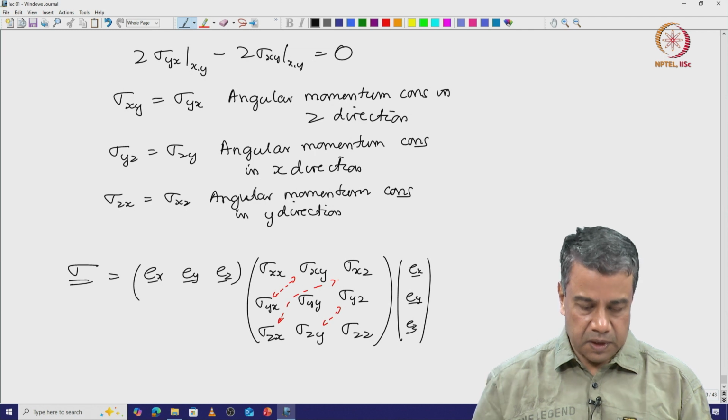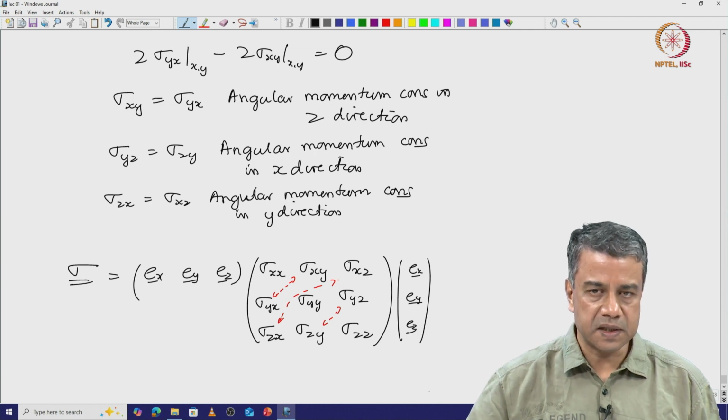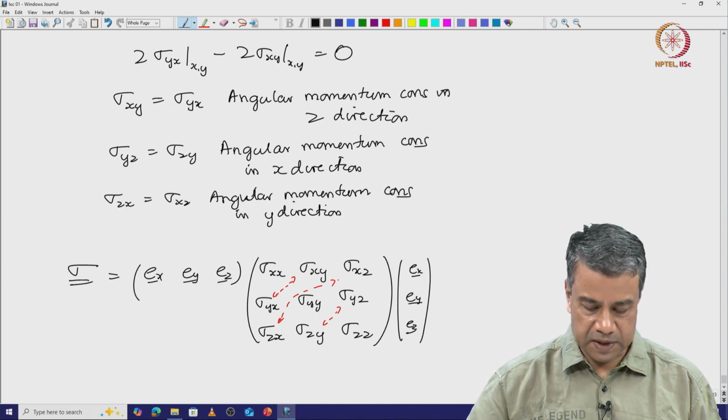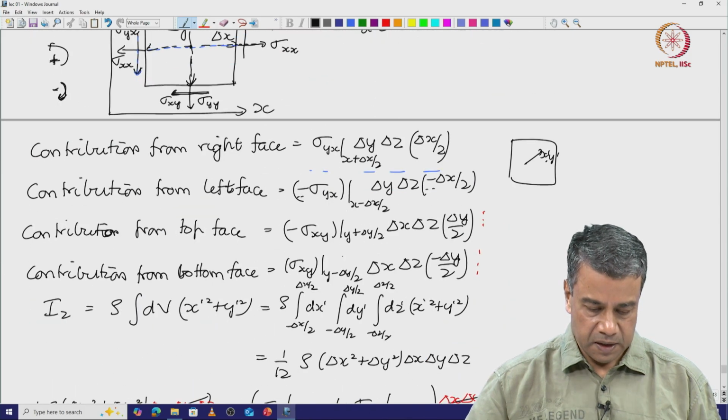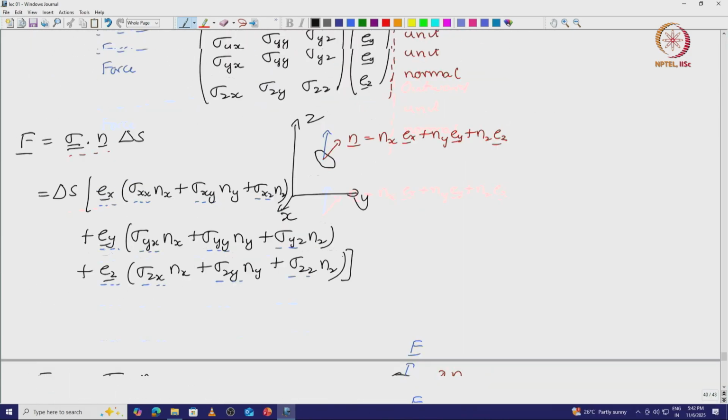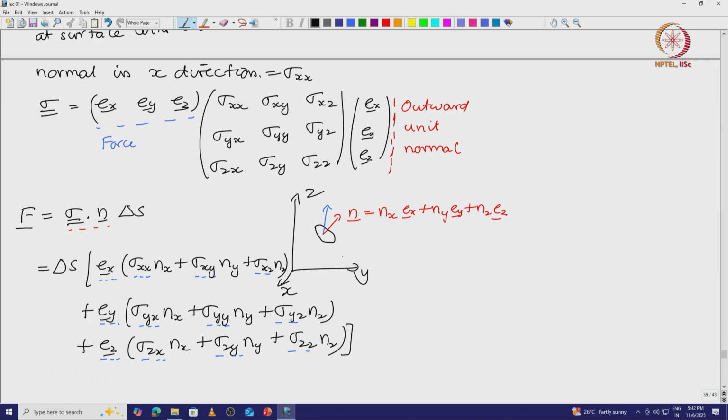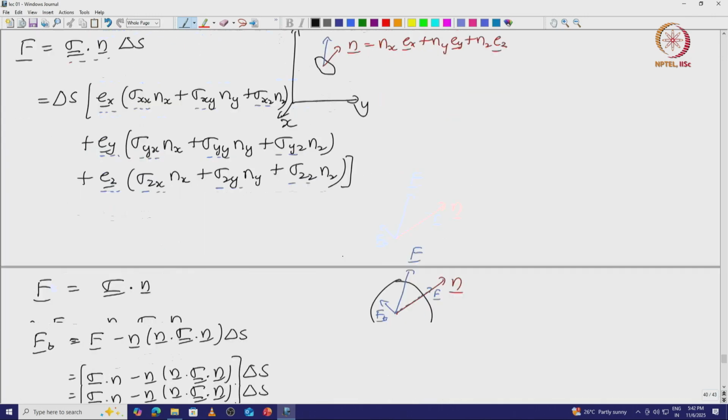So, I have told you a few things about the stress tensor. I have related that to the force acting at a surface. I have talked about the force acting at a surface and related that to the stress tensor, that is sigma dot n is the force acting at a surface whose outward unit normal is n, the force is sigma dot n times delta s.